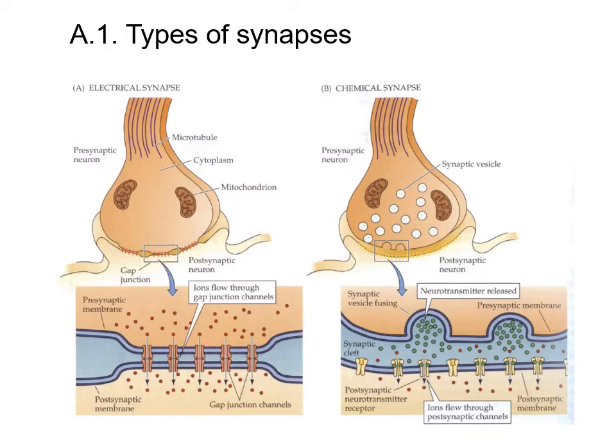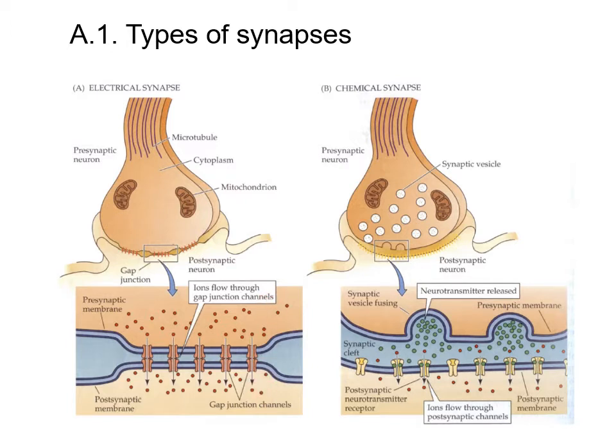When an action potential arrives to the presynaptic terminal, the electrical signal travels through the gap junction channel, inducing an inward current in the postsynaptic cell, and therefore causing a depolarization of the postsynaptic cell. This type of synapse can actually be bidirectional.